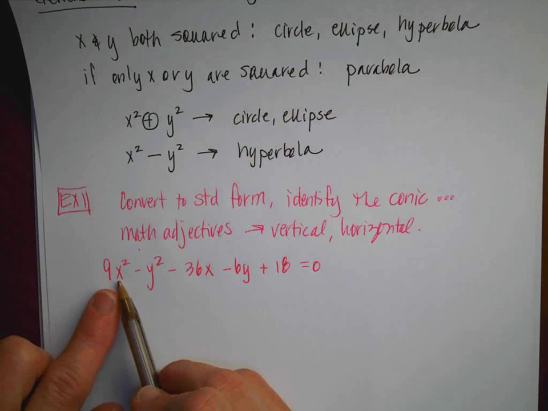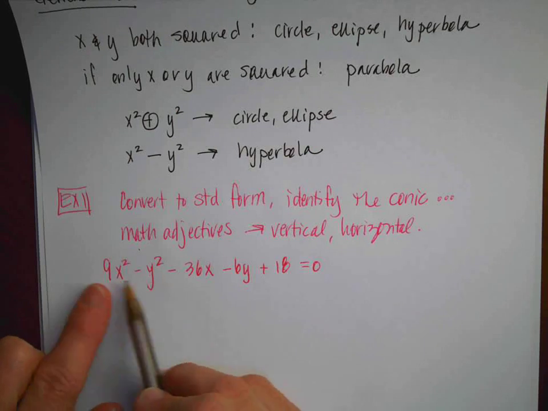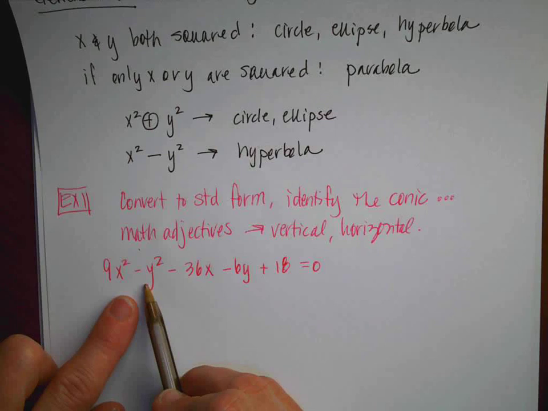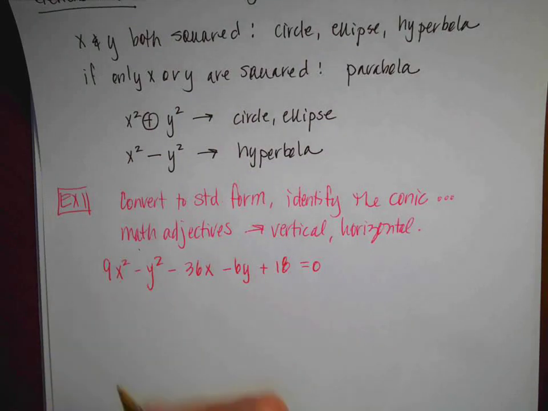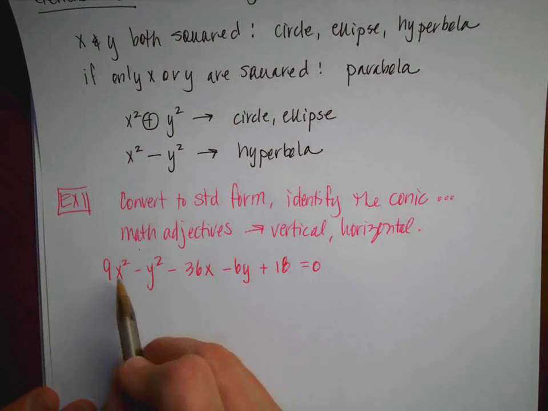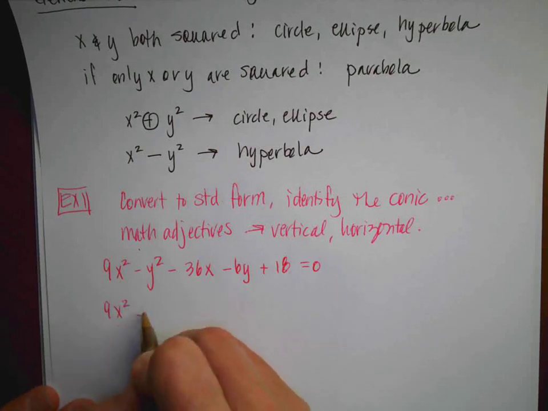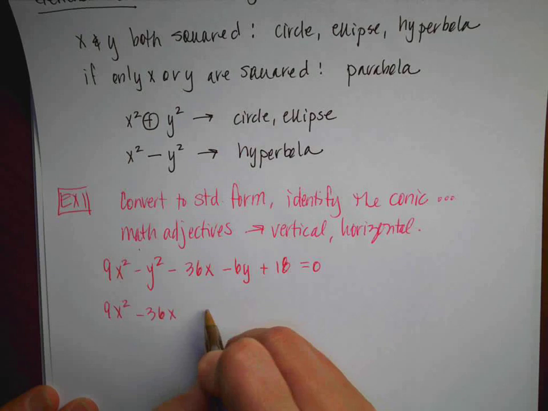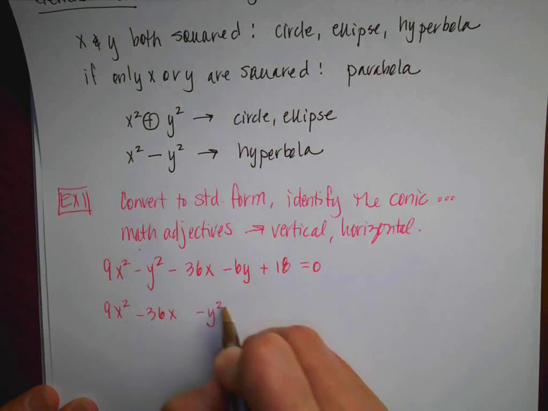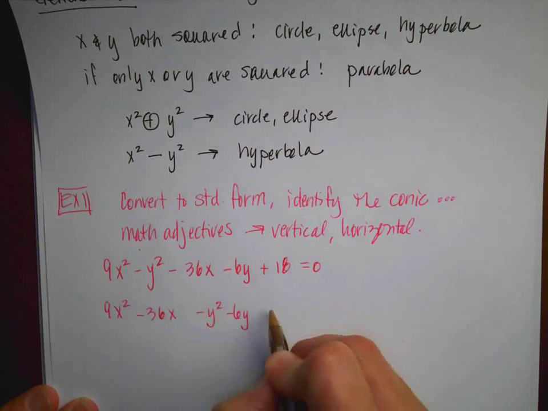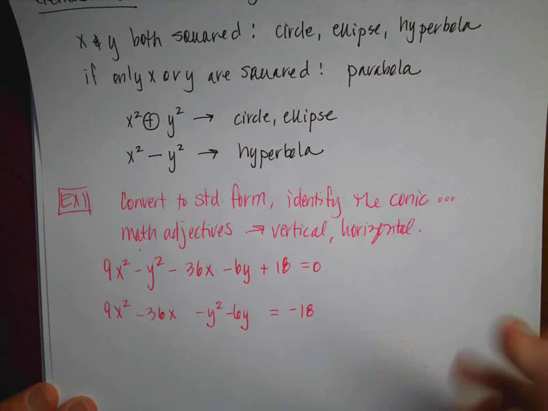I'm not going to say that it is a horizontal hyperbola because occasionally, throughout the process of completing the squares, my negative can change places. So the first thing that I'm going to do is put my x things together. So I'm going to do 9x squared minus 36x, and then I have my minus y squared minus 6y, and I'm going to scoot that guy to the other side.